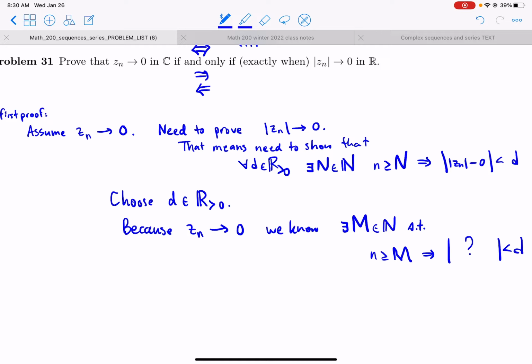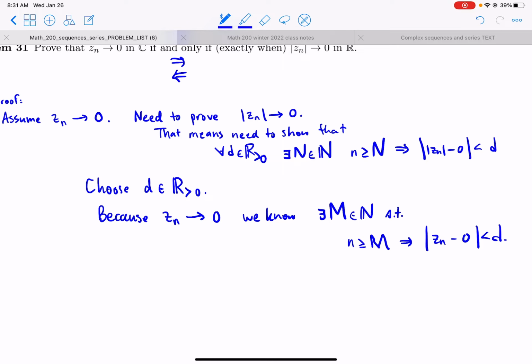Now, what is that something? Well, over here, I take this thing minus this thing. Very careful. Okay, now the claim is that we can choose N equals M.